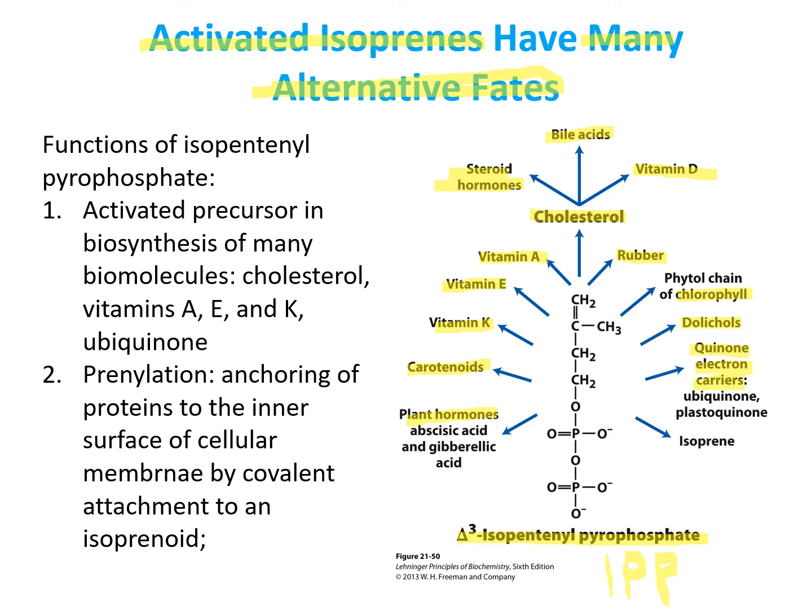So do remember this quinone, which is a part of the electron transport chain of the body. So IPP can be used to give us this molecule, and other isoprenes as well can be converted from this one.